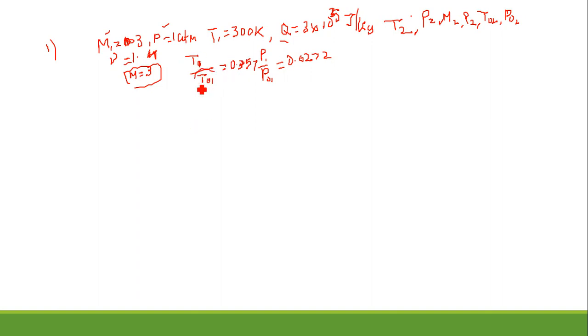With this formula we can find the value for T naught 1 and also P naught 1, because we know the value for T1 and P1. By substituting the values and cross multiplying, we can find T naught 1 and P naught 1.